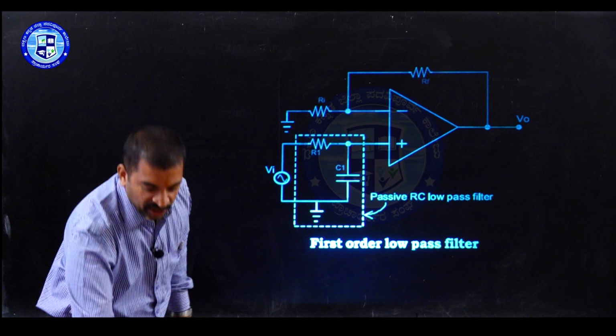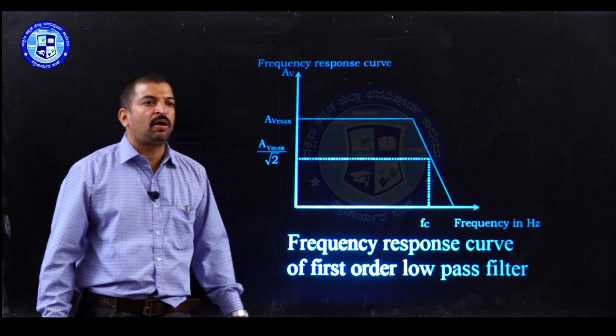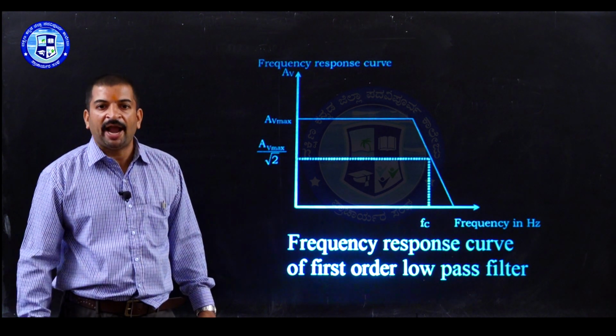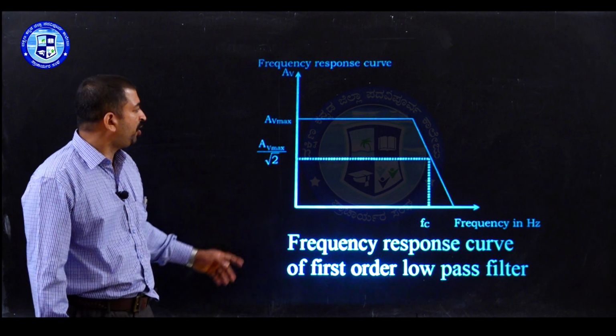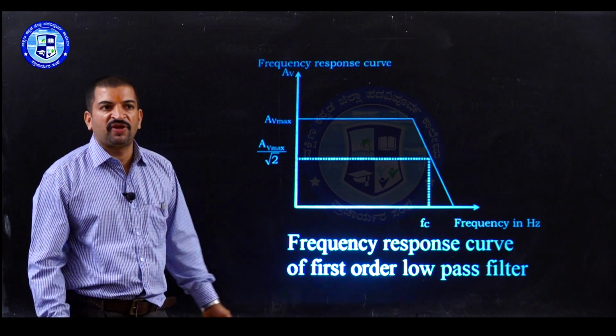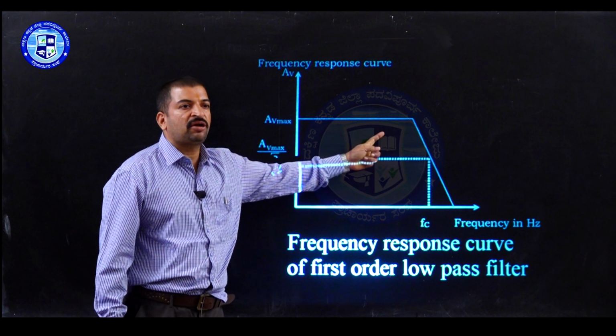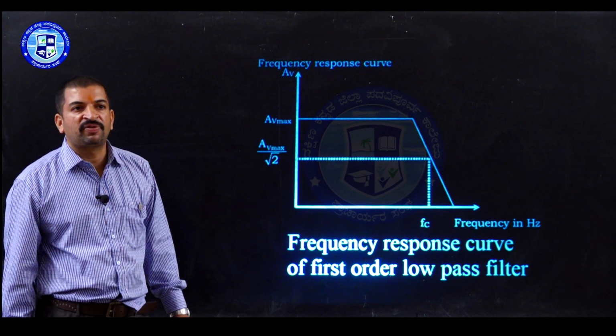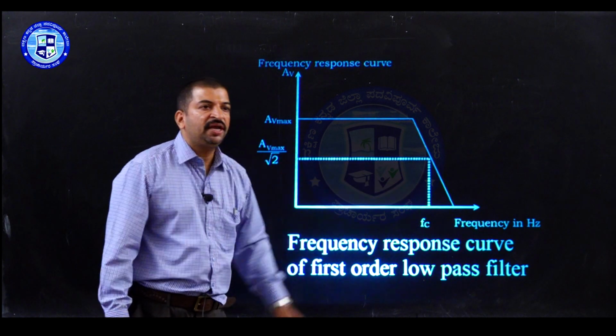Now let us study the frequency response curve of the RC low pass filter or the active low pass filter. Here, initially at low frequency, the voltage gain remains constant. As you increase the frequency, the voltage gain gradually decreases.